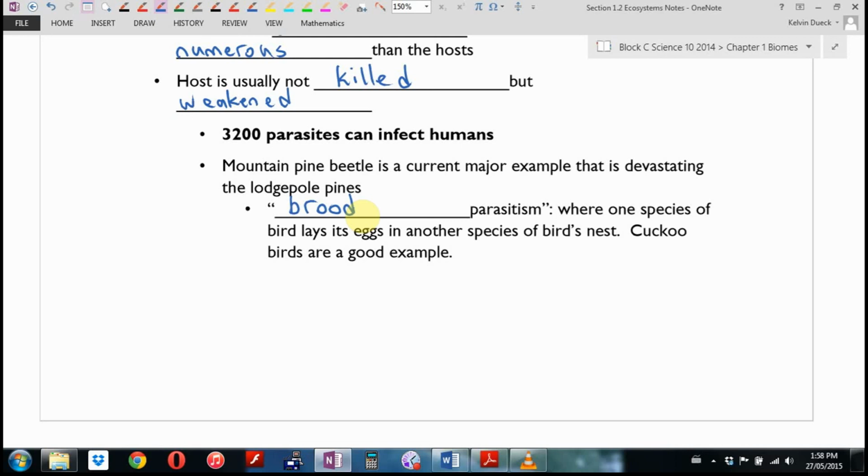They'll lay their egg, and their egg will hatch first, which means their egg gets fed first. So by the time the other eggs hatch, their little baby is strong enough to kill the other babies and just demand all the food from the mama. And the mama of this new species raises this bird as its own, not knowing that it's raising an intruder. Smart, creepy, and ew.